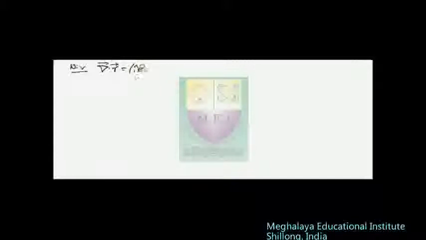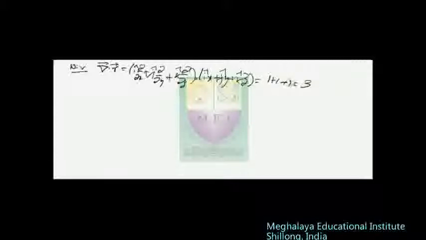It's just the simplest example I'm taking: i del del x plus j cap del del y plus k cap del del z dot of i cap x plus j cap y plus k cap z. So the answer would be again 1 plus 1 plus 1, which is nothing but 3. Now, before we go further, what is the importance of gradient and divergence?